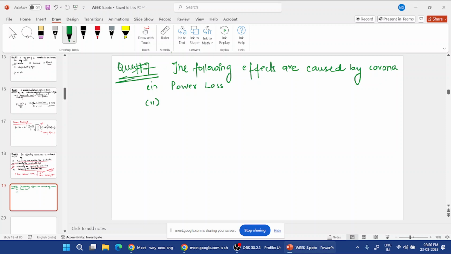Second is production of ozone gas. Third is non-sinusoidal voltage drop.